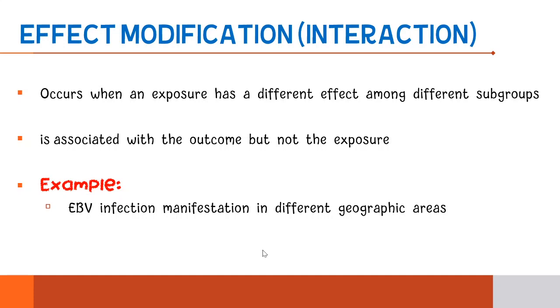But when you go to the African regions, infectious mononucleosis is not the outcome you will observe, but what is actually produced is what we call Burkitt's lymphoma. Right? That is effect modification already. Different effect among different subgroups. Are we looking at the exposure? No, we are actually looking at the outcome.